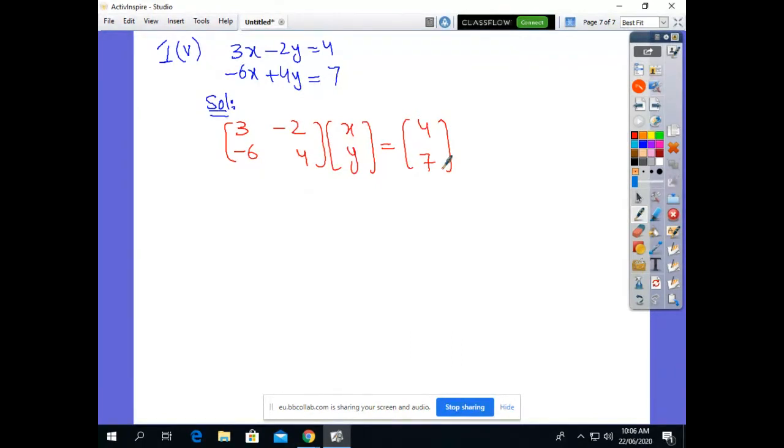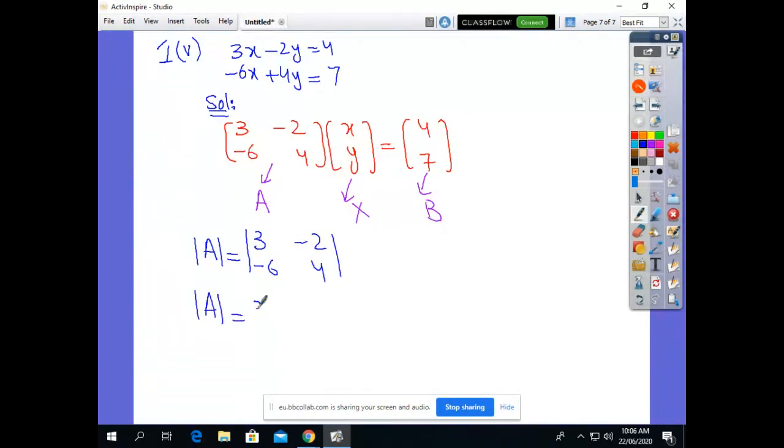First of all, we rename these matrices. The first matrix we call matrix A, the second matrix we call X, and the third one is B. Now, first of all we find the determinant of matrix A: 3, negative 2, negative 6 and 4.